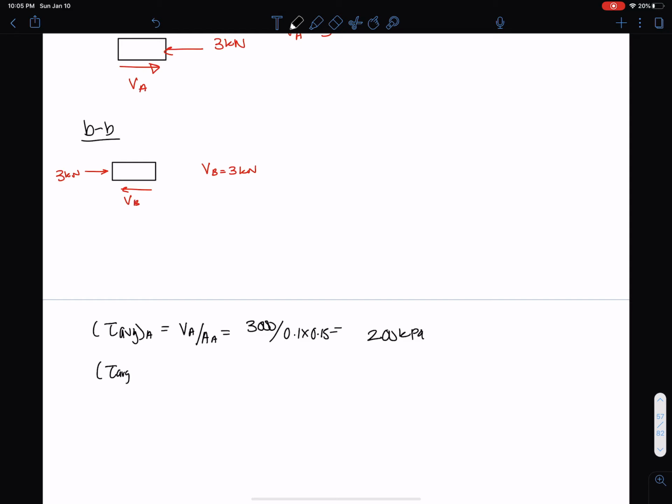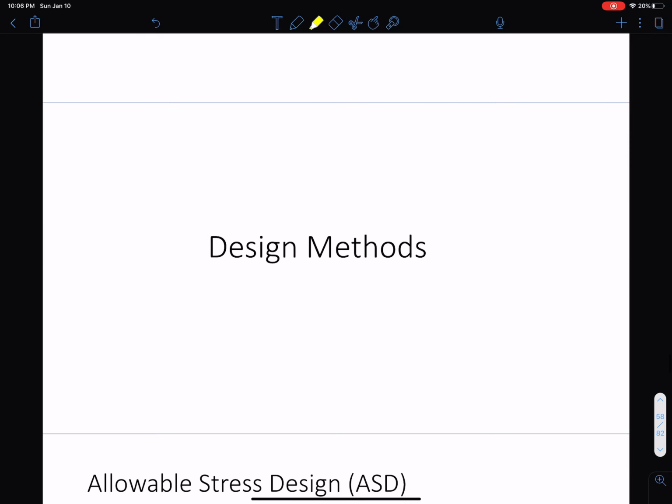And then my tau average for B is VB over AB, which is 3,000 divided by 0.125 times 0.15, and I end up getting 160 kPa. Okay, so that is the last example that we'll do, and in the next video we'll move on to design methods.